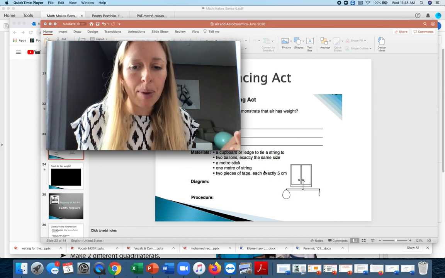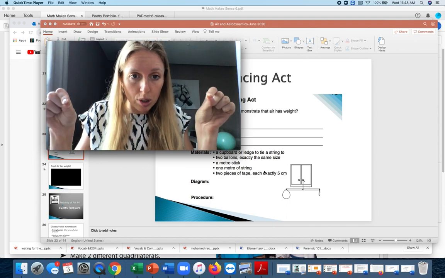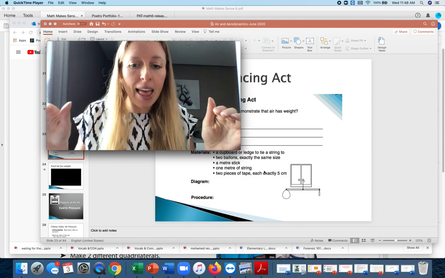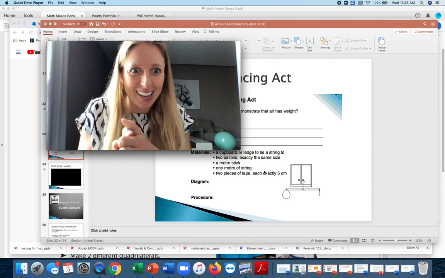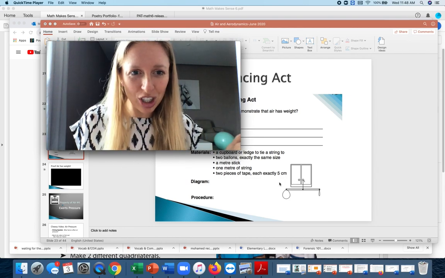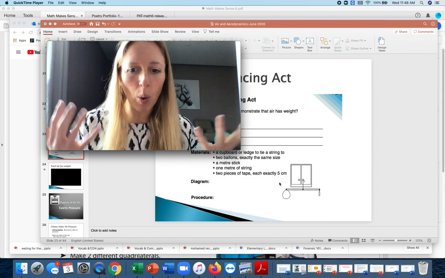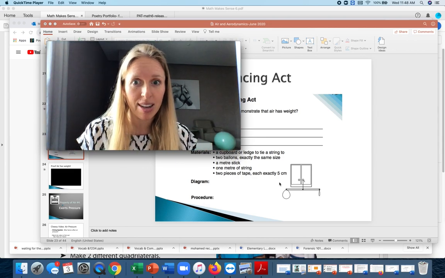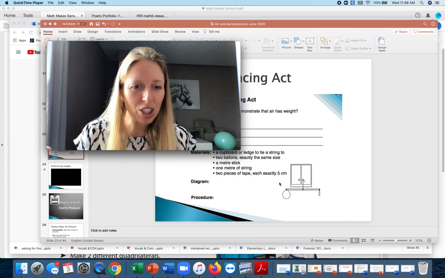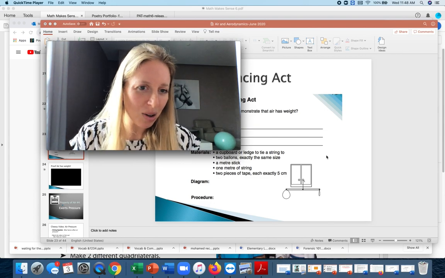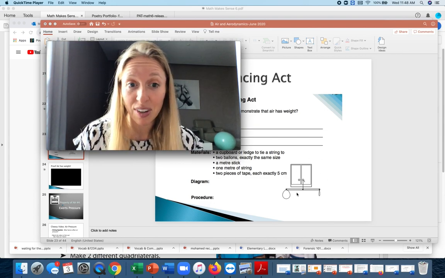And then a string to attach the balloons to each end of the stick, and then you have to balance it. So the question is, what is going to happen? How can we use this to demonstrate that air has weight? How do you think this can be demonstrated using these very simple tools?